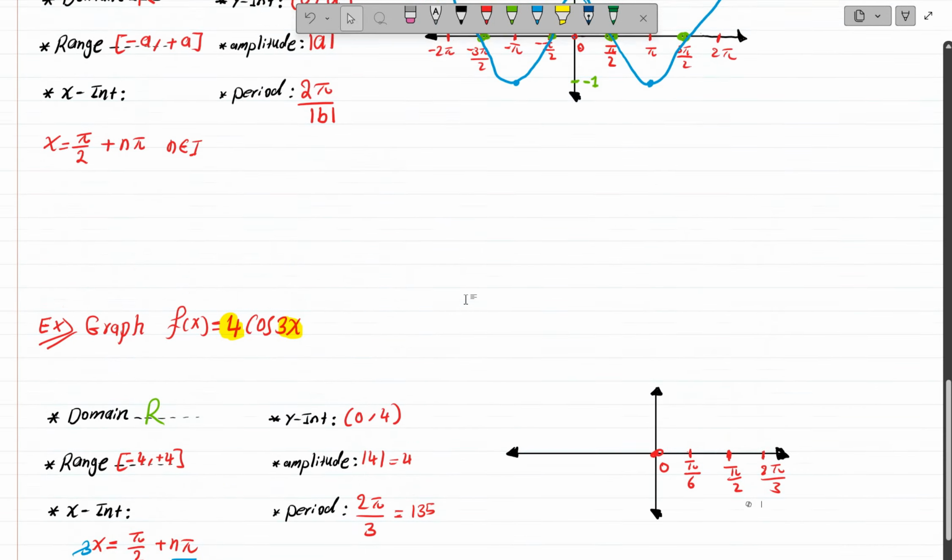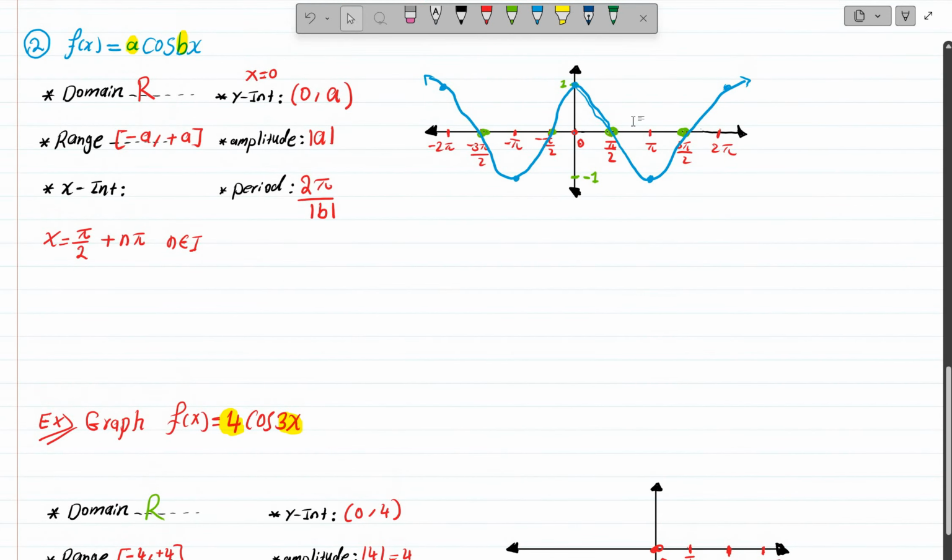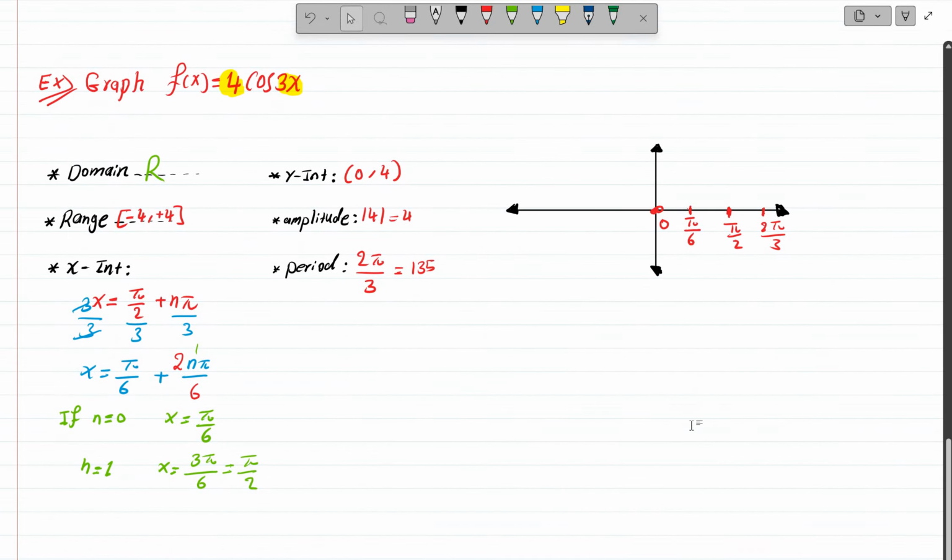Like in the front I graphed for you, this is the graph of cosine. So till pi over 2, as you see, this is one period. So 2 pi over 3 is telling you the period. Even if you don't graph it, 2 pi over 3 is not a big deal.